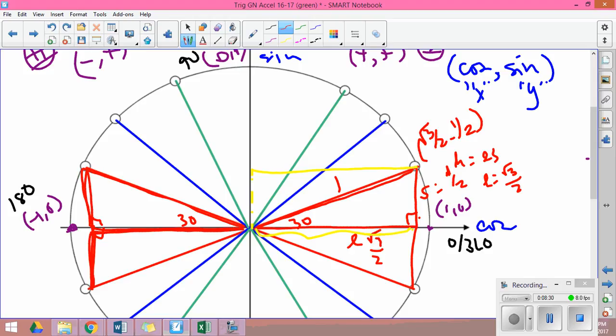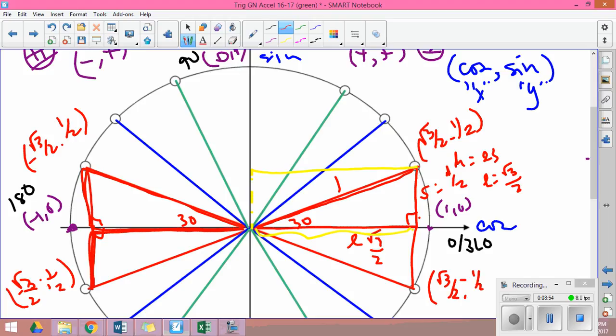So every one of these ordered pairs is the square root of 3 over 2, 1/2. The only thing that changes is in quadrant 2, my x's are negative. In quadrant 3, they're both negative. And in quadrant 4, just the y is negative. That is a reference angle.